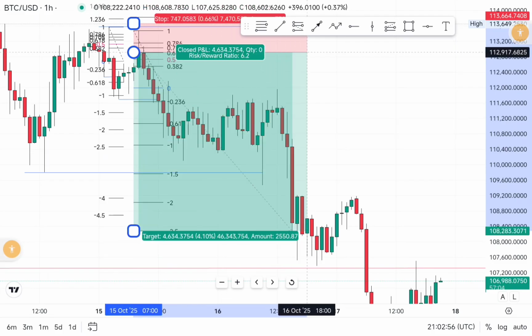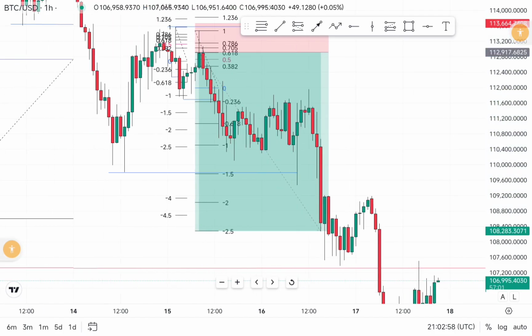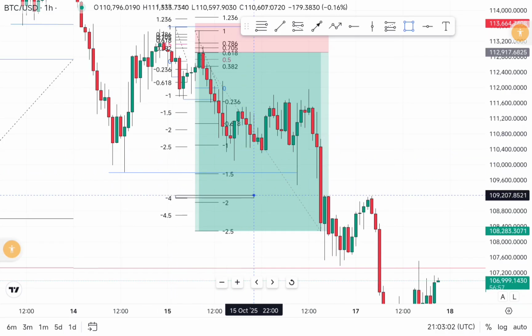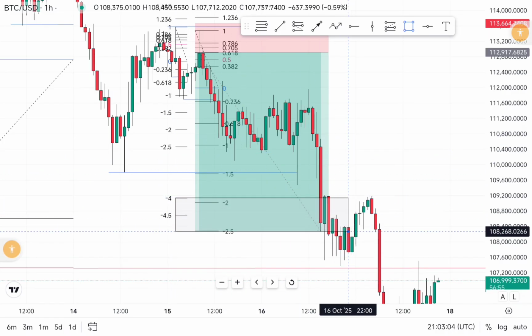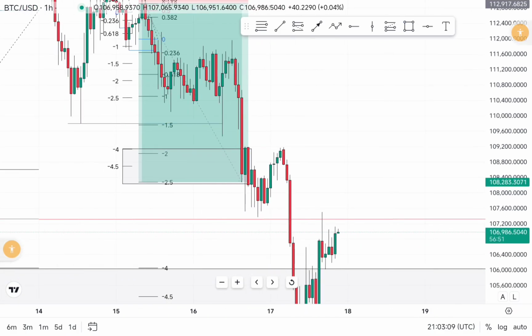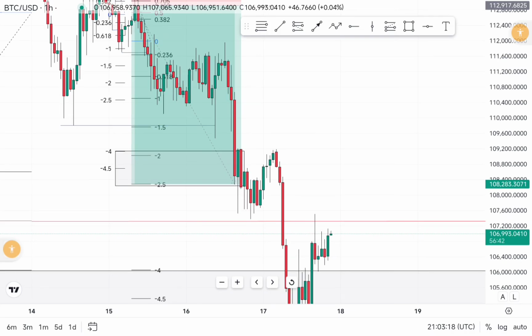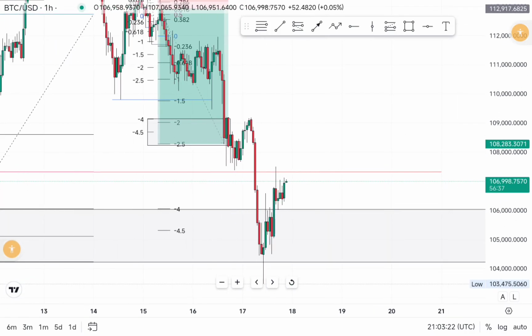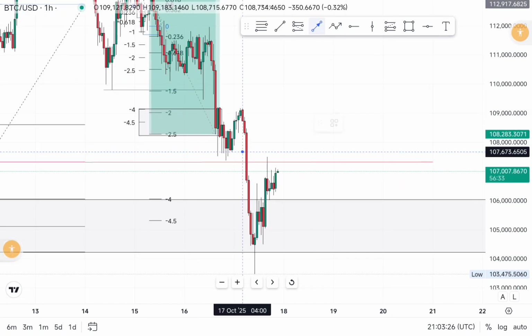So the price invalidates the upward movement, which still tells us and indicates that the trend is still in the downward movement. So at this region, the -2 and -2.5 to -4 and -4.5 region, we are anticipating a reversal.